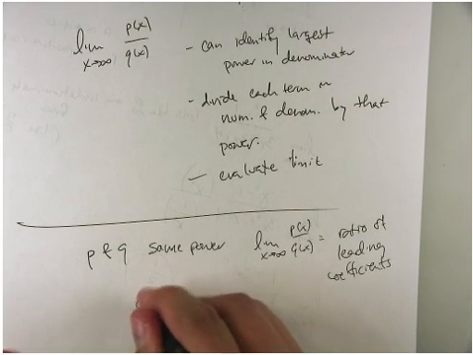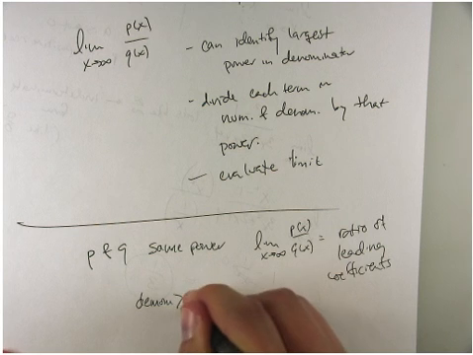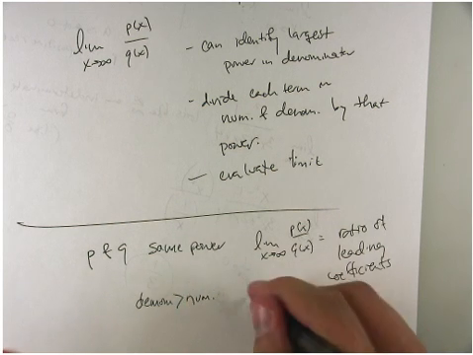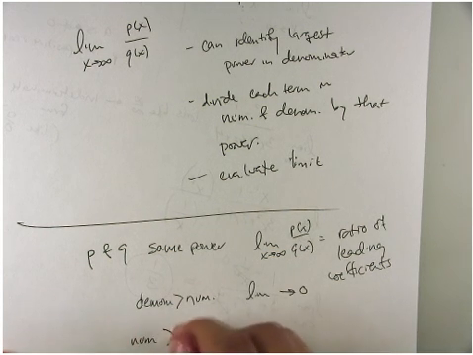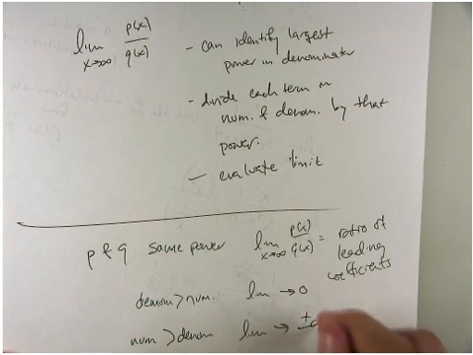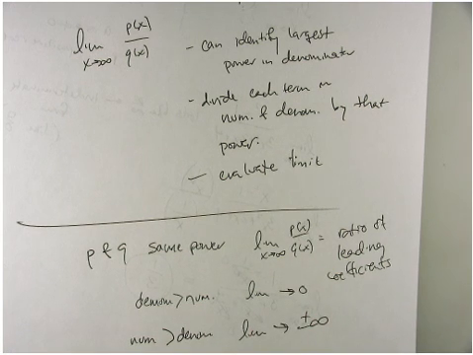If the denominator is bigger, then the limit is 0. And if the numerator is bigger than the denominator, then the limit is either going to go to positive infinity or negative infinity, one of the two. Both are just fancy ways of saying does not exist. But it's a little bit more specific.